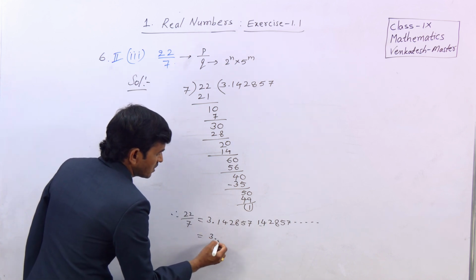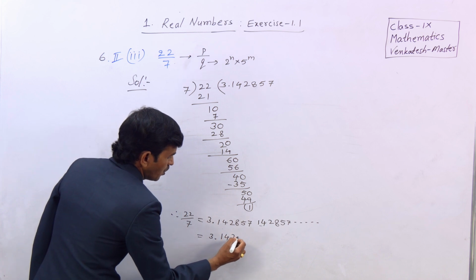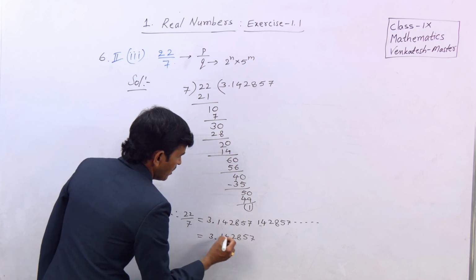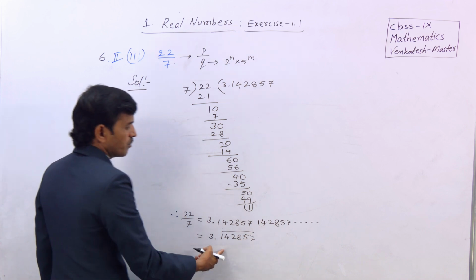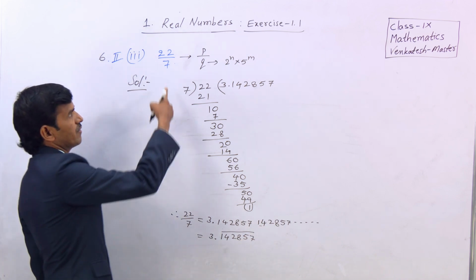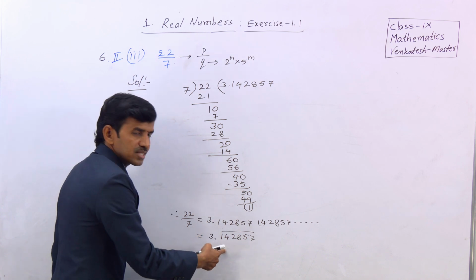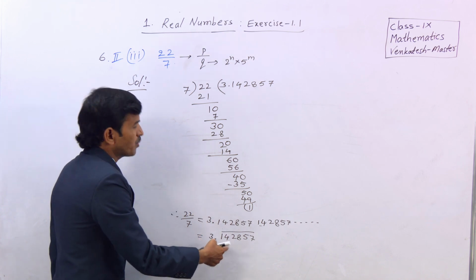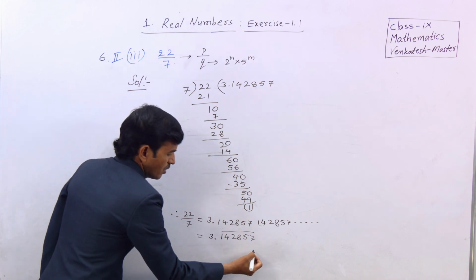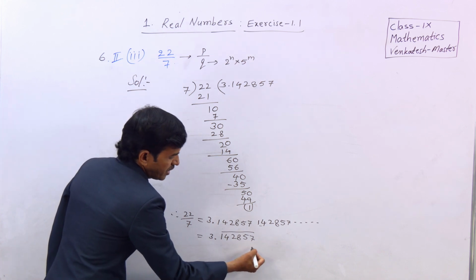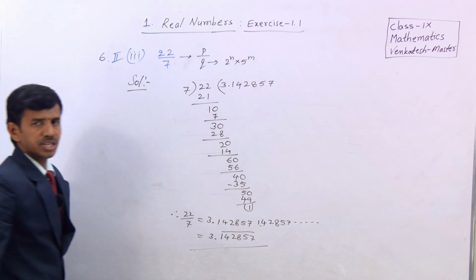So it can be written as 3.142857 with these 6 digits repeating. As 7 is a prime number, how many digits repeat? 6. So 6 digits are the repeated decimals that we can mention.